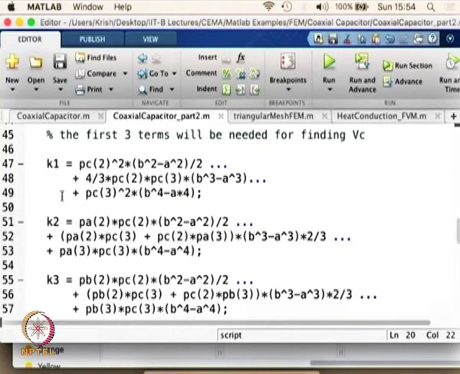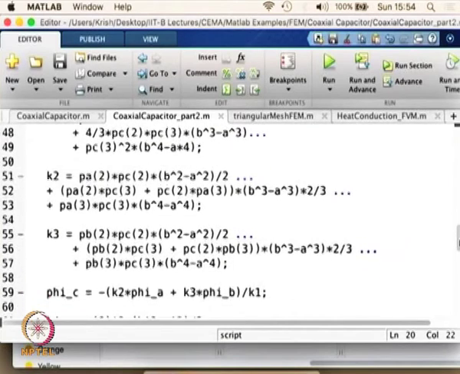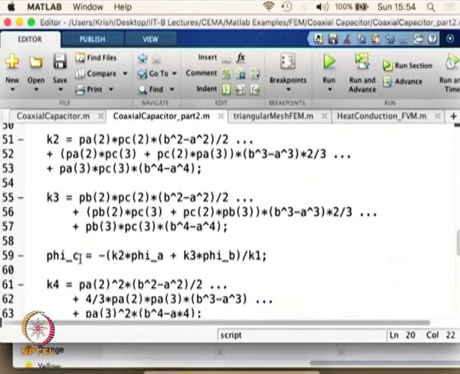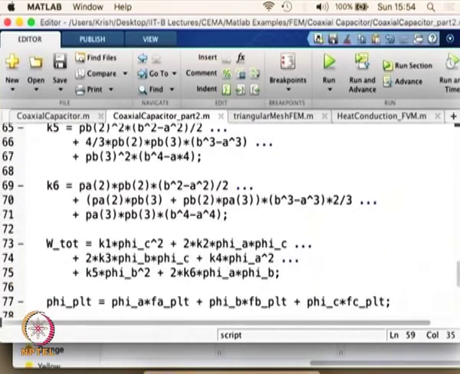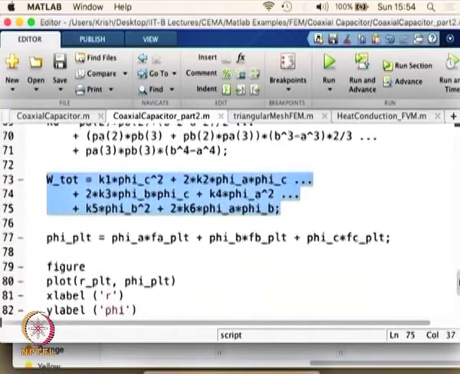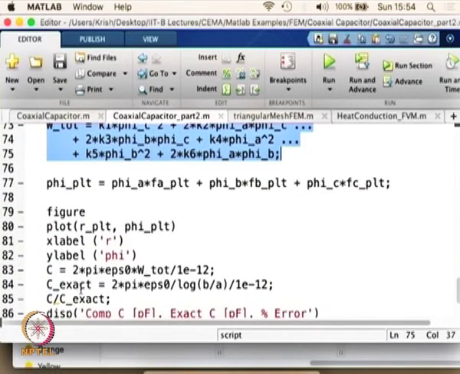So we calculate K1, K2 and K3, and these values are going to be used as the weighting function values later on, and we are computing the value of phi C. Remember, phi A is given, phi B is given, phi C is not given, so we have to compute the value of phi C, and we are using this equation to do that, and based on that we are going forward to compute like before the total energy that is being stored in the capacitor. Once we get that, we are able to compute the value of exact and the theoretical value, and we are able to plot the error.